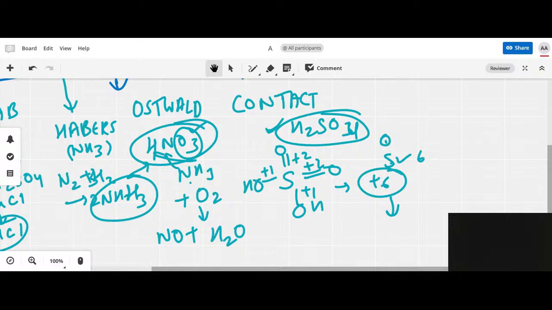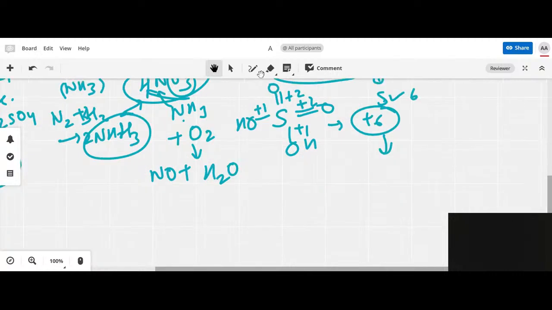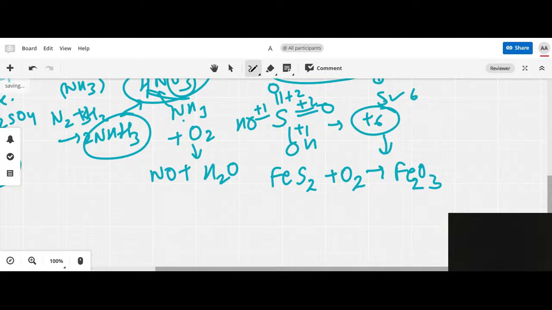Now what happens in the contact process is that you take iron pyrites, FeS2, and add oxygen, and you get Fe2O3, ferric oxide, plus SO2.